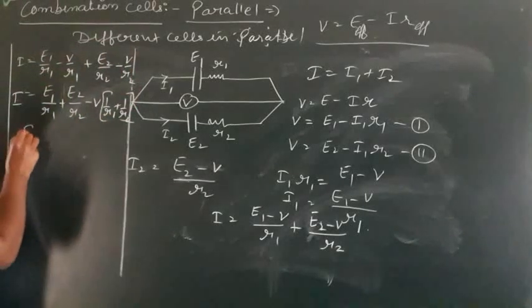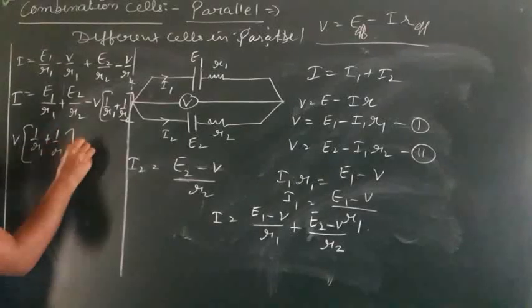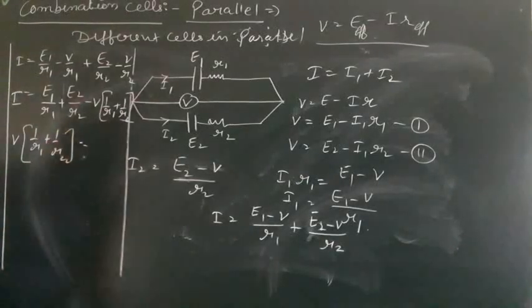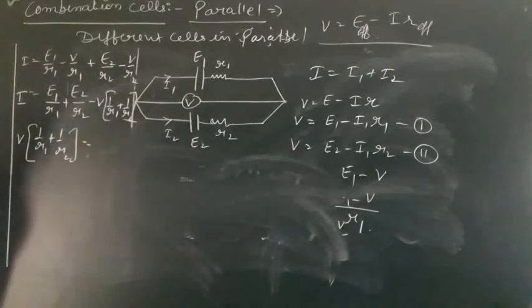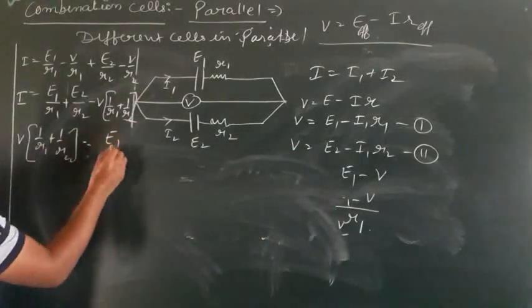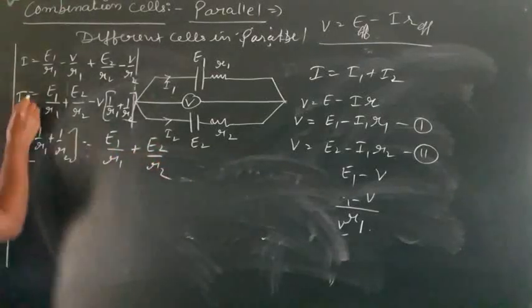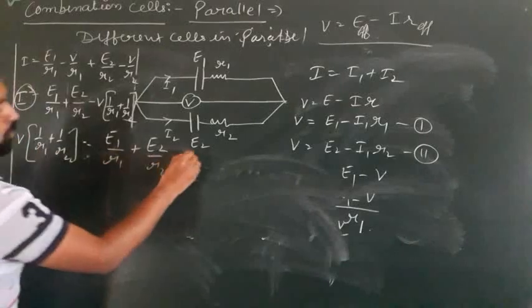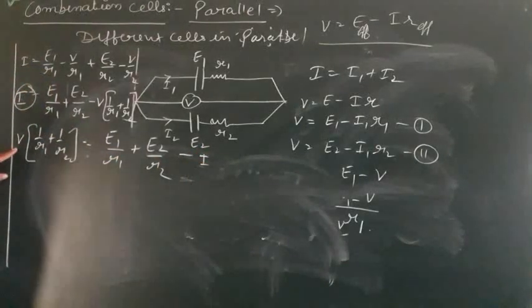So V into (1 upon R1 plus 1 upon R2) is equal to E1 upon R1 plus E2 upon R2, that is a plus, and on that side it comes out to be minus I.